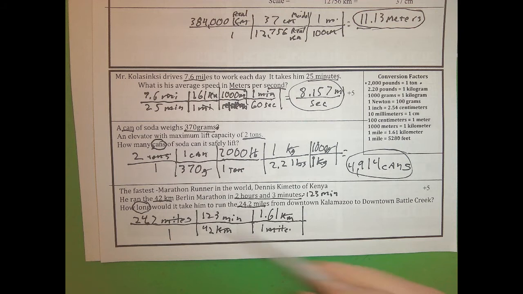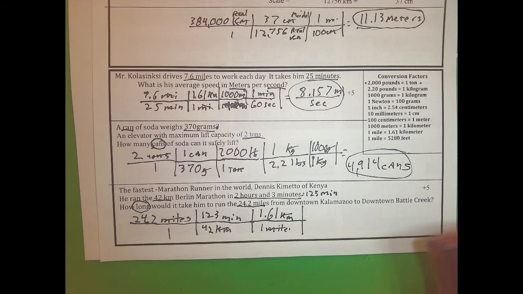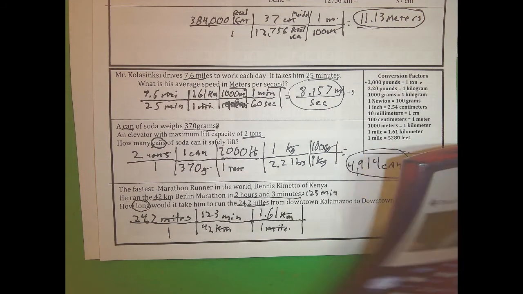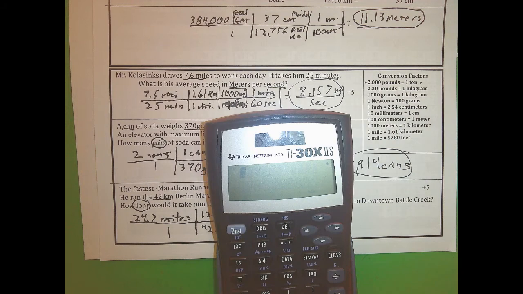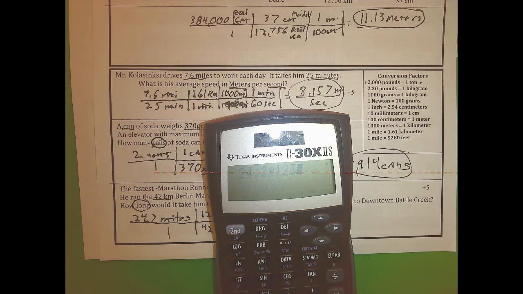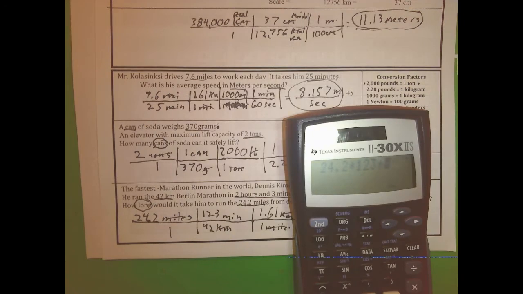And that looks like fairly reasonable numbers to deal with, so I don't think I need to convert to any other units. Multiply the top numbers, 24.2 times 123 times 1.61, enter, divided by 42 at the bottom.